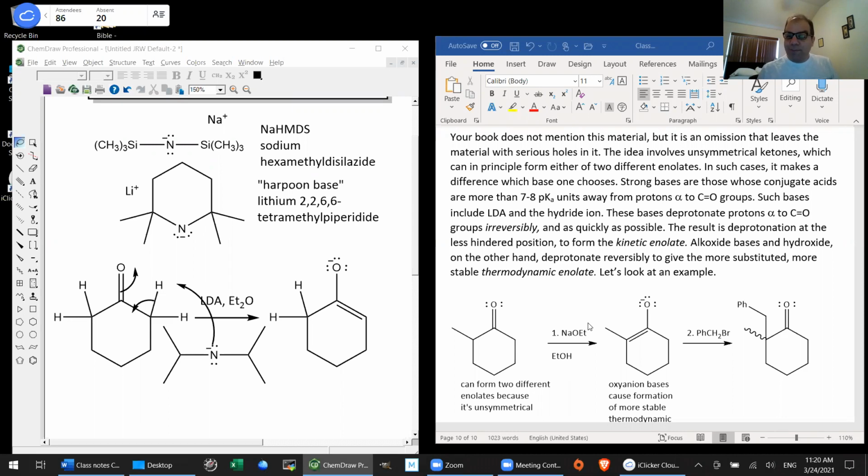Well, in principle, the ethoxide ion could deprotonate in either position. And it will only do so a little bit at any one time. And this would then have the possibility of the enolate picking a proton back up from ethanol. And so you can equilibrate.